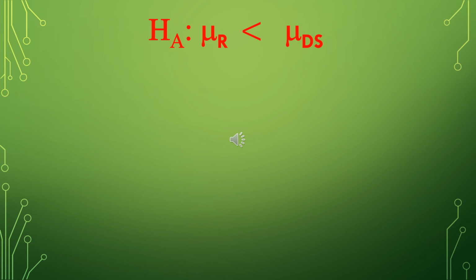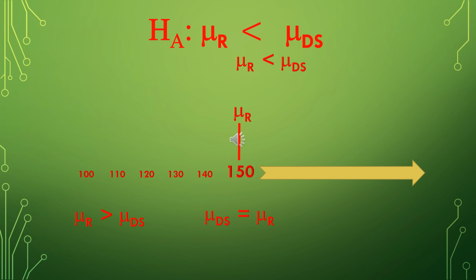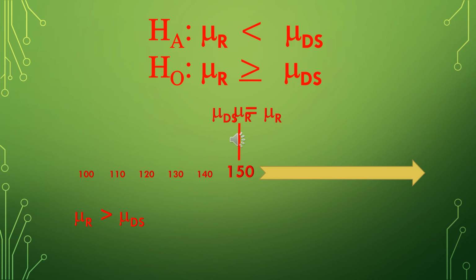So this time we have a directional hypothesis in the alternative. Again, the probability space has three options. The alternative hypothesis covered the space where recommended sugar intake is less than Deep South sugar intake. So it must be that the null, every part of the probability space that is not taken by the alternative, is that the recommended sugar intake is greater than or equal to Deep South sugar intake.